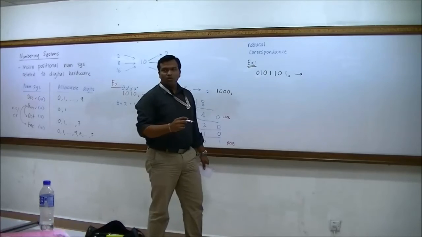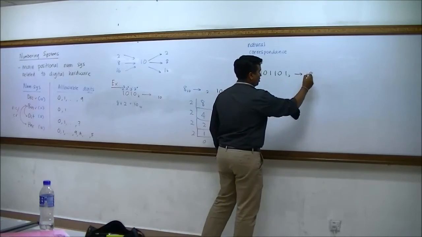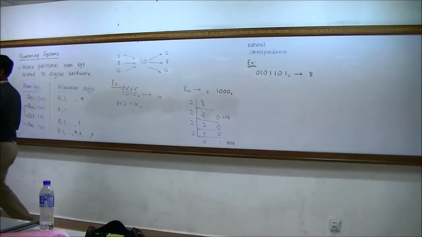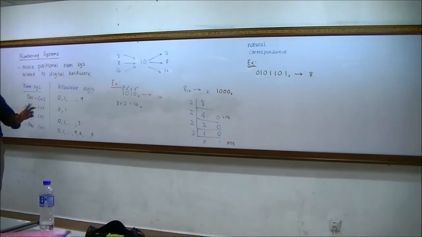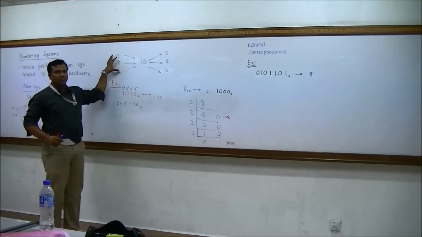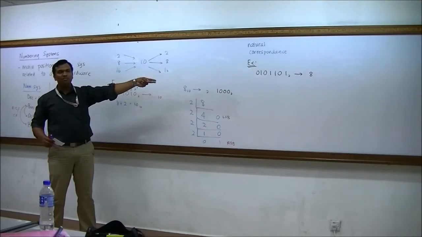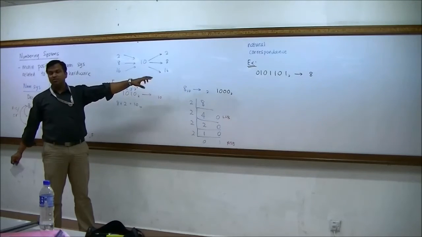A binary number, if you want to convert it to octal, how do we actually do the conversion? Now this is different from the earlier conversions, from any other base to base 10 and base 10 to any other base. Now we are doing from one base number to another base number. So how do we actually do this?